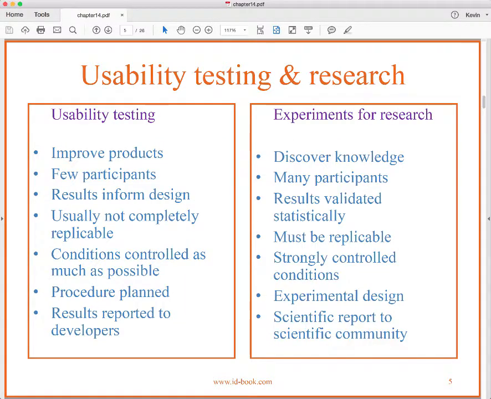Here's the slide that I talked about. Here's where we're trying to contrast usability testing and research. So usability testing, why do we do it? Well, we want to improve our products, or improve the design for a product that we're developing. We have few participants, so we don't have a whole lot of subjects.